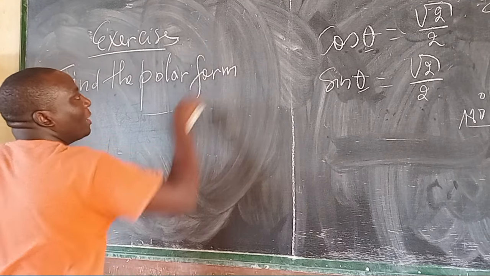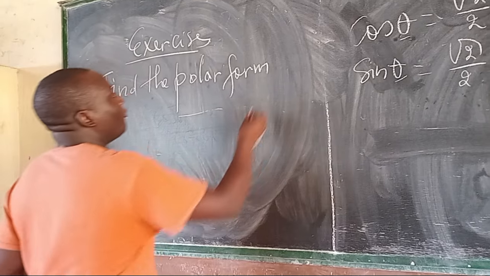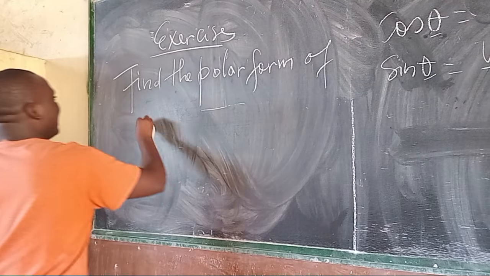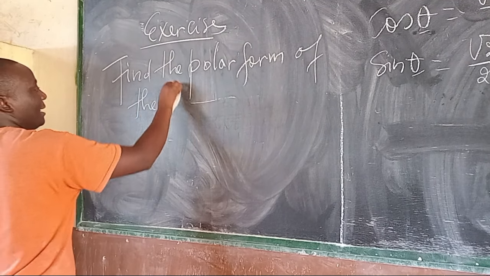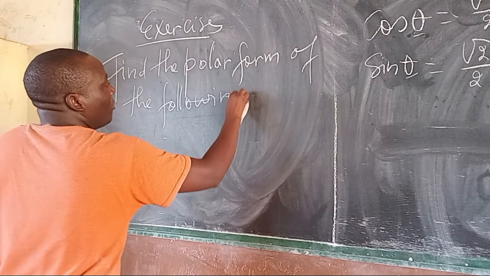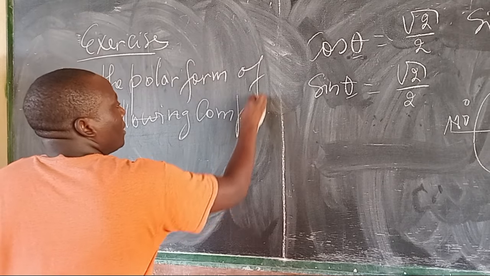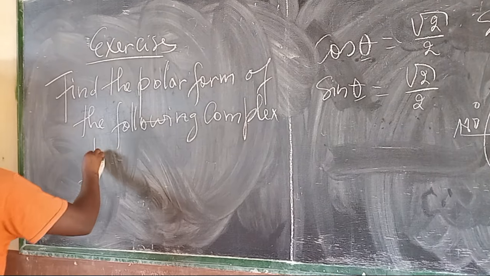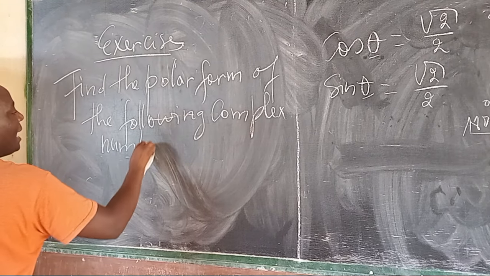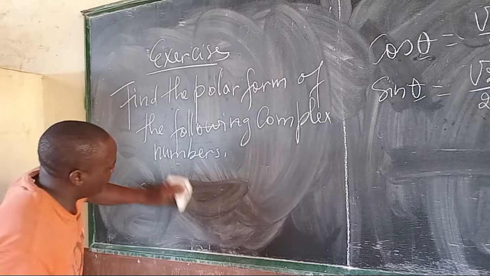When I say polar form, it is the same as a trigonometric form. Find the polar form of the following complex numbers.